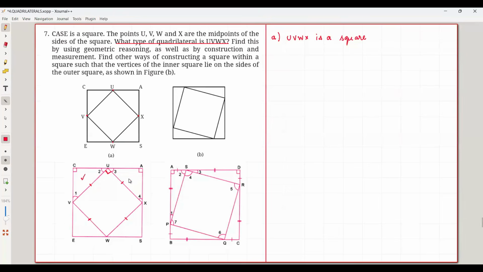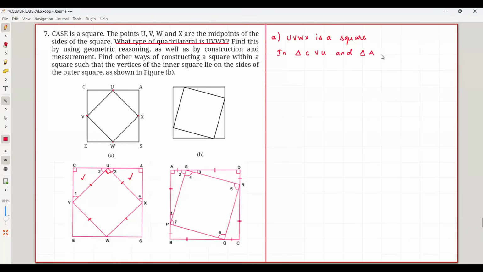If I prove these two triangles are congruent, then by congruence of triangles, corresponding sides and angles will be equal. Based on that, I can prove that the sides are equal and the angles are 90 degree. Let me check first. So I'm going to choose the triangle, CVU. In triangle CVU.